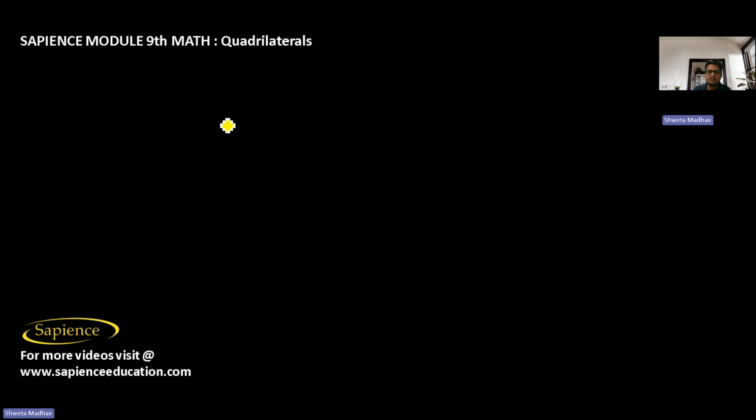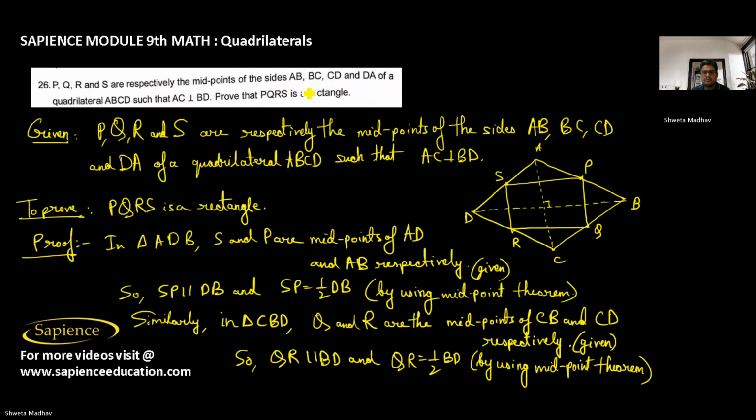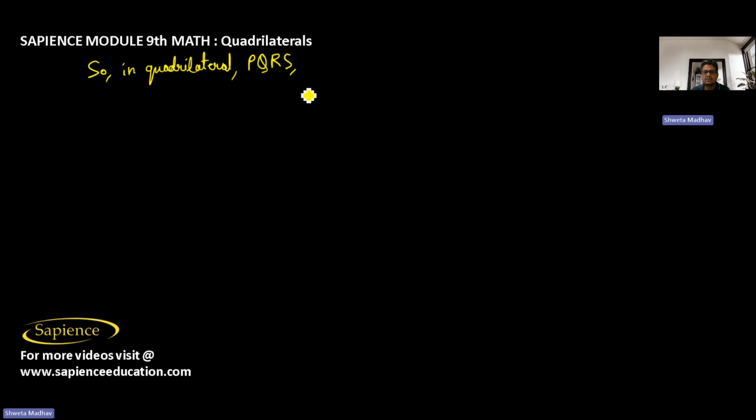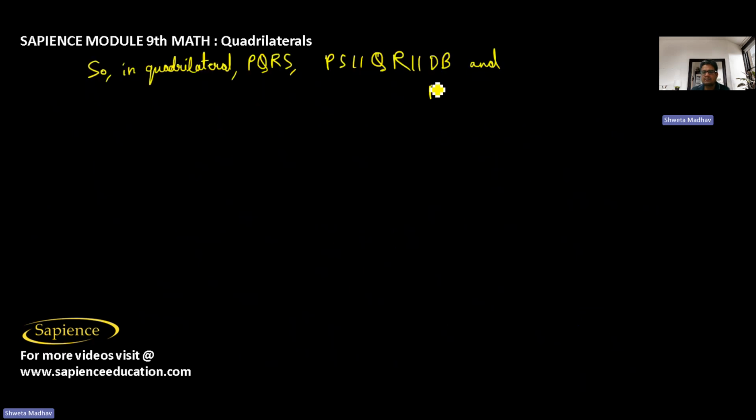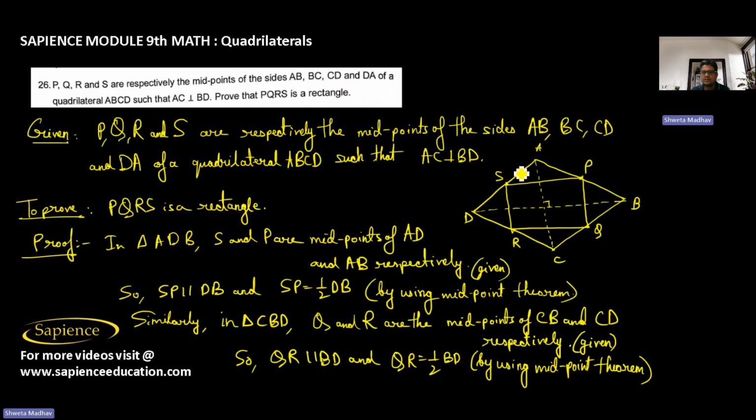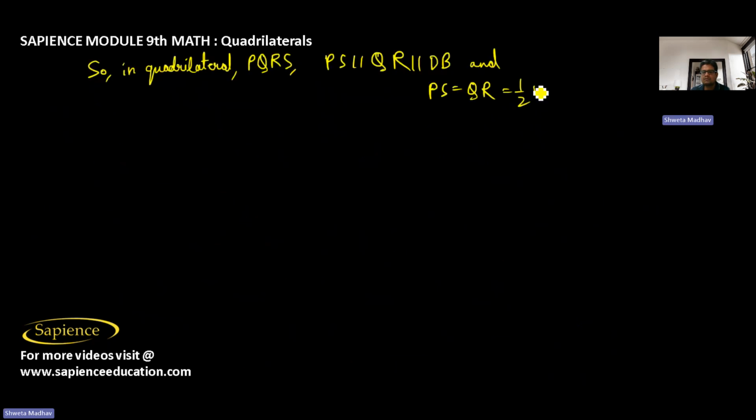So we can see that in quadrilateral PQRS, PS is parallel to QR, since both are parallel to BD, and PS equals QR, since both are equal to half of BD.